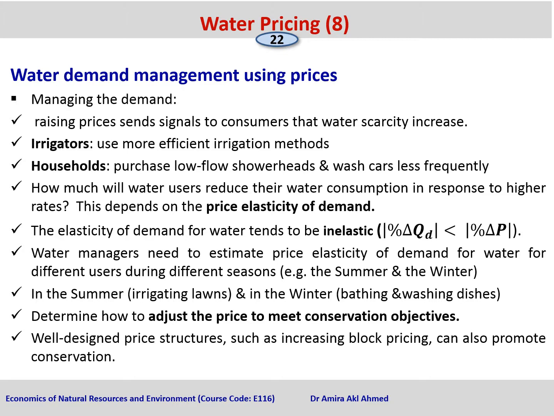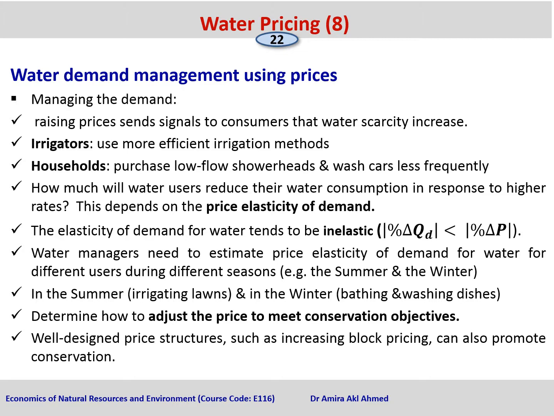Water demand tends to be less elastic in winter months than in summer ones. In the summer, more water use is for relatively non-essential purposes such as irrigating lawns and washing cars. But in the winter, a higher percentage of total water use is for more essential tasks such as bathing and washing dishes.